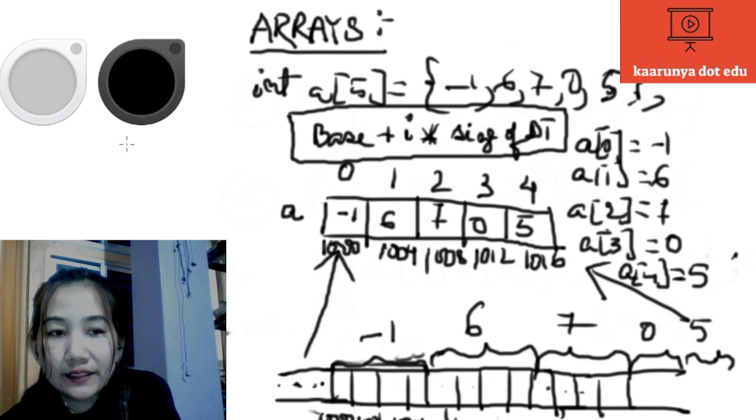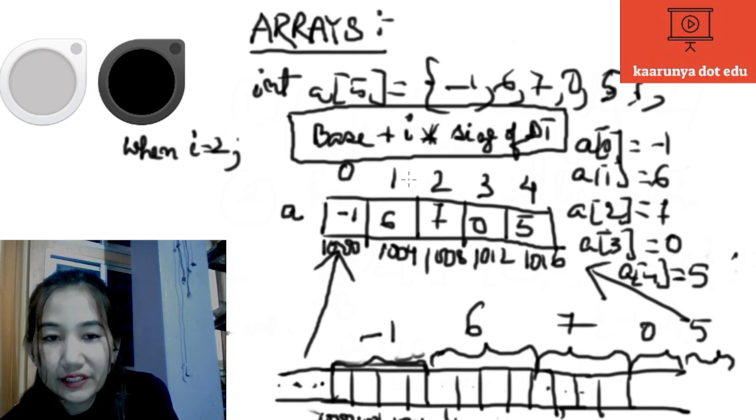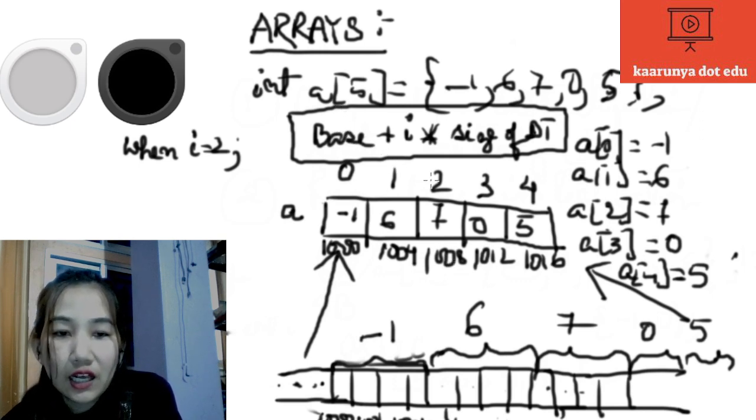Let's see, when I is equal to 2, what is the address? Let us calculate using this formula. Of course, when the index I is 2, our answer should come to 1008, so let us see whether we get 1008.